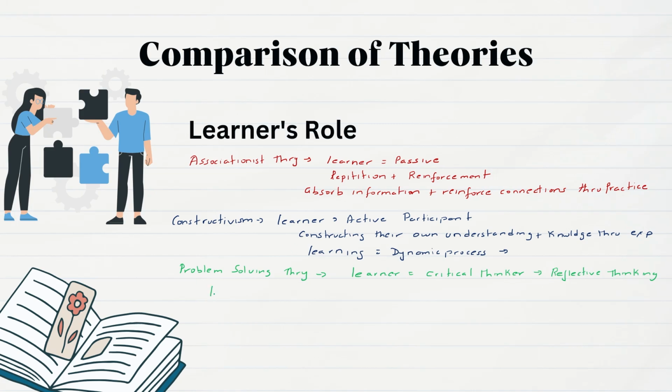So, learning is seen as a process of identifying problems, at the same time analyzing them, and also finding solutions. And the learner actively engages with the material and also applies the knowledge to real world situations.